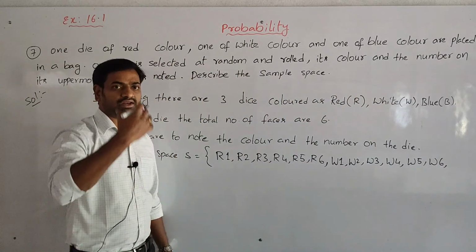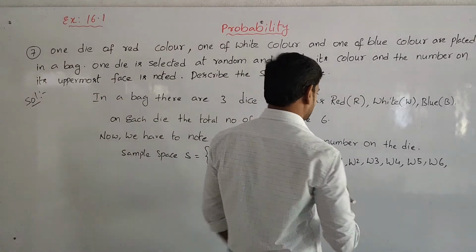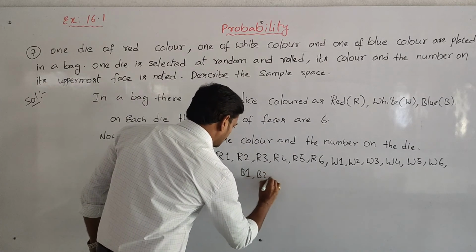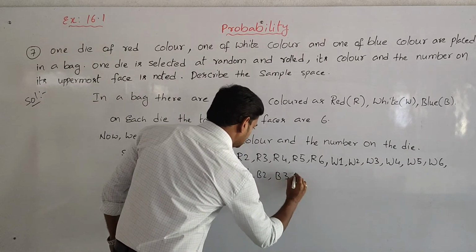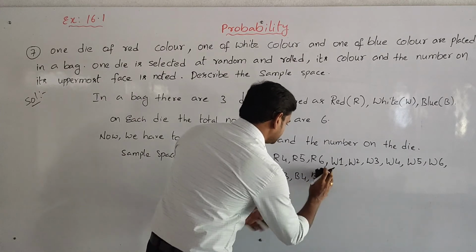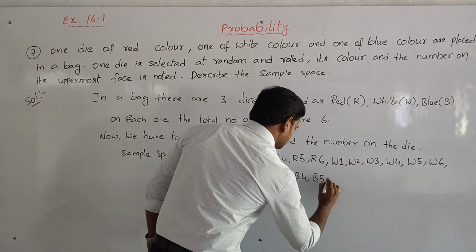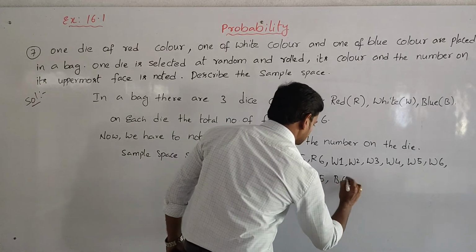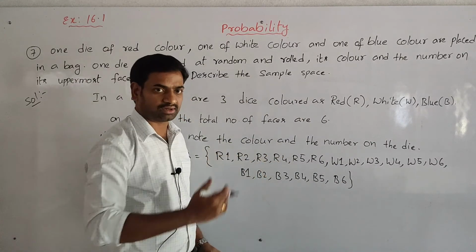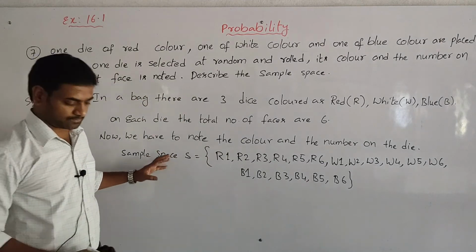Suppose if I take the die is blue color, so with the blue, that is B1, B2, B3, B4, B5, and B6. Observe here, color and number. So that is the sample space for this problem.